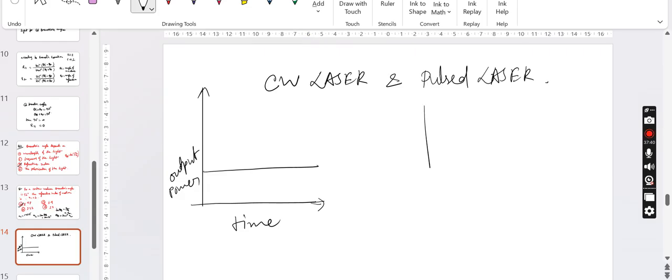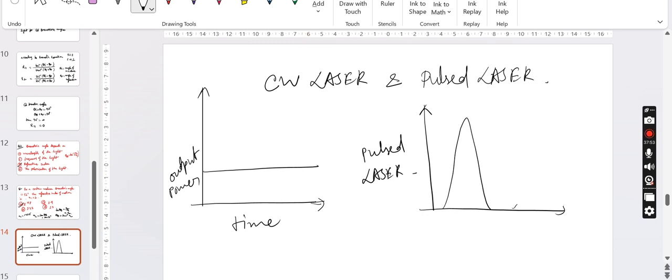But for a pulsed laser, the output power is basically like this.